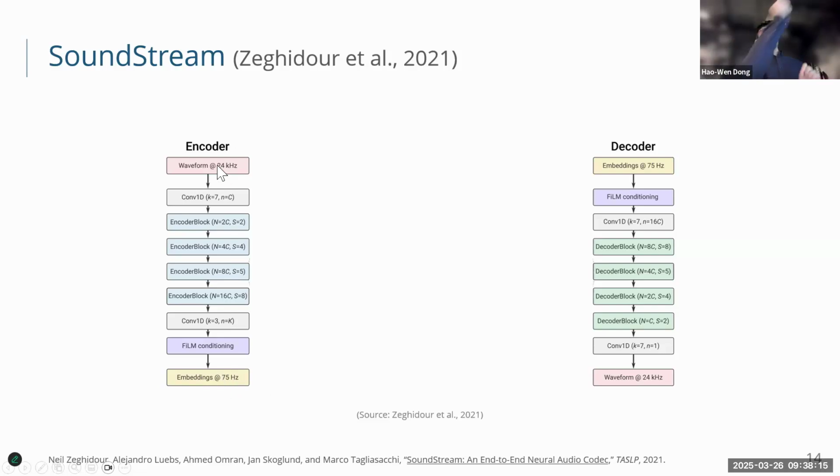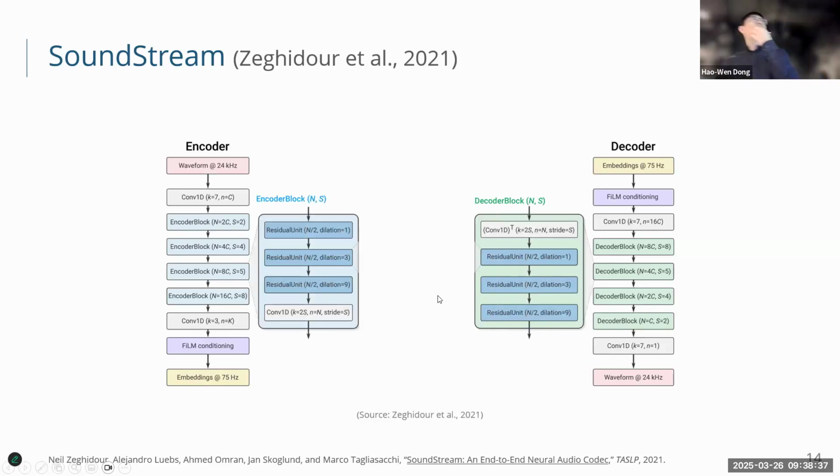So this is like one single value at 24 kilohertz, 24,000 samples for each second. But at the end, you get some embedding, maybe just 64 or 32 bits per sample, but you are at a much lower sampling rate.